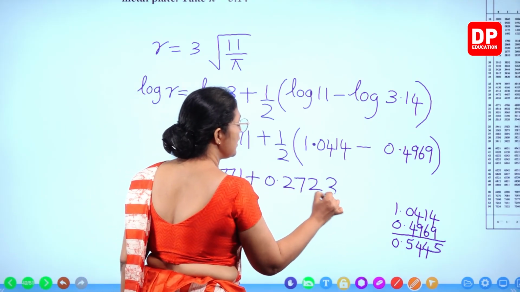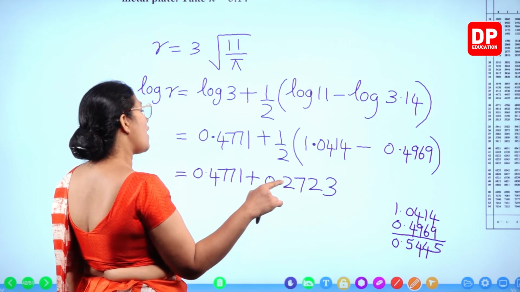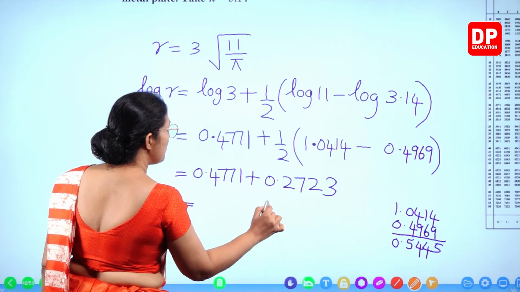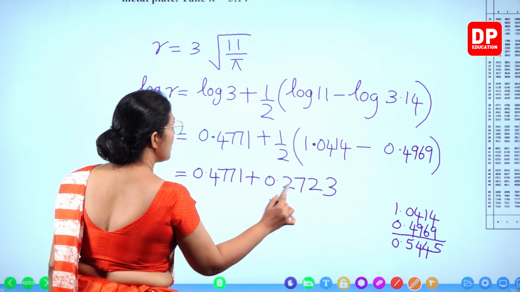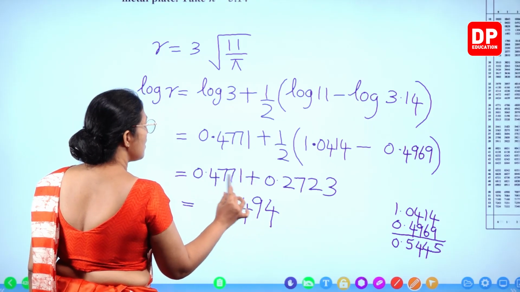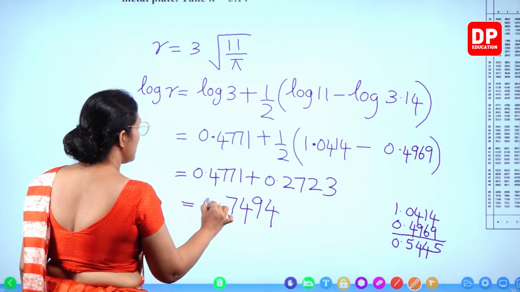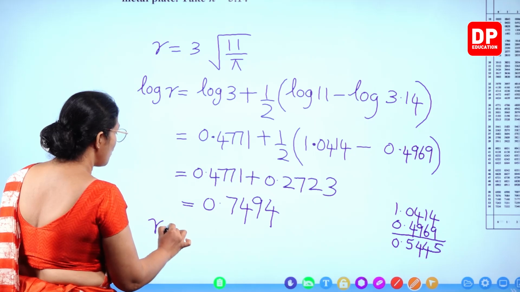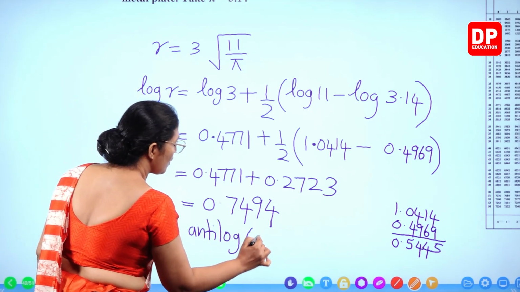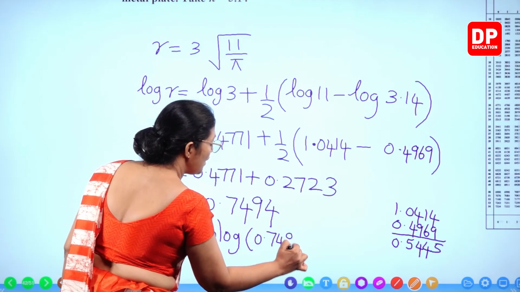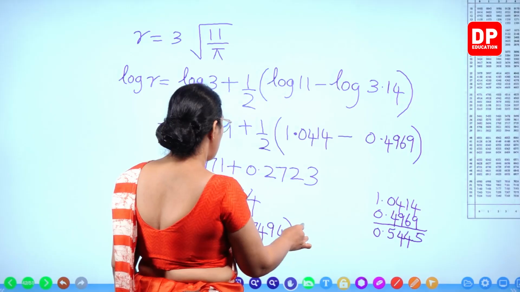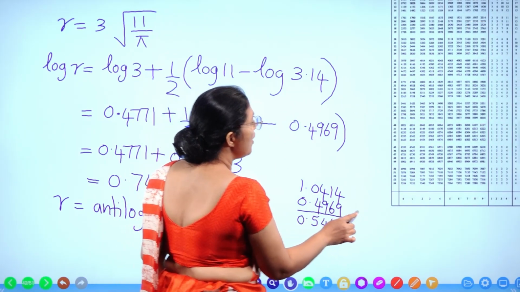So let's put 3. Then add these two. 3 plus 1, 4. 7 plus 2, 9. 7 and 7, 14. Now to find out r, you have to use the anti-log value of 0.7494. Now again refer the table and see where you get 7494.